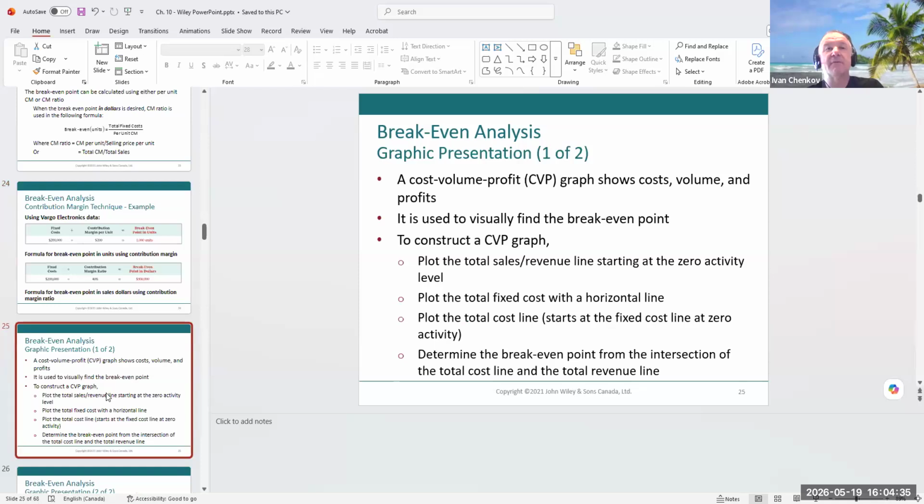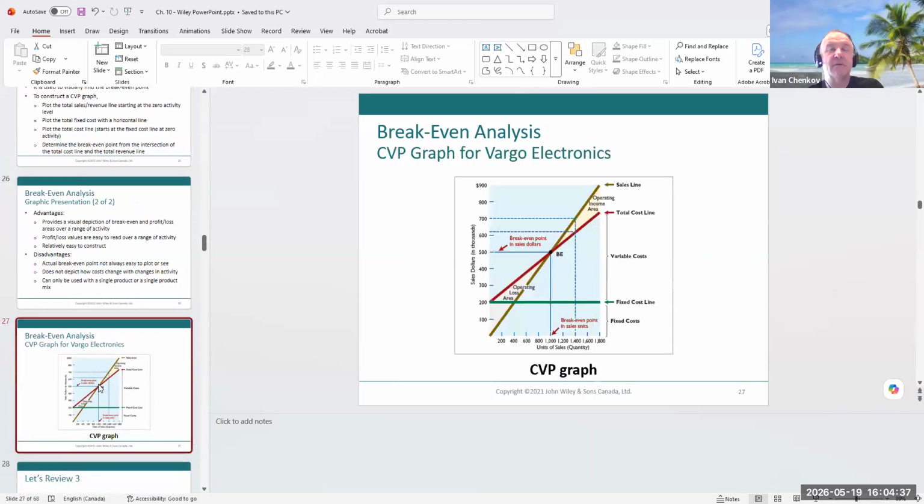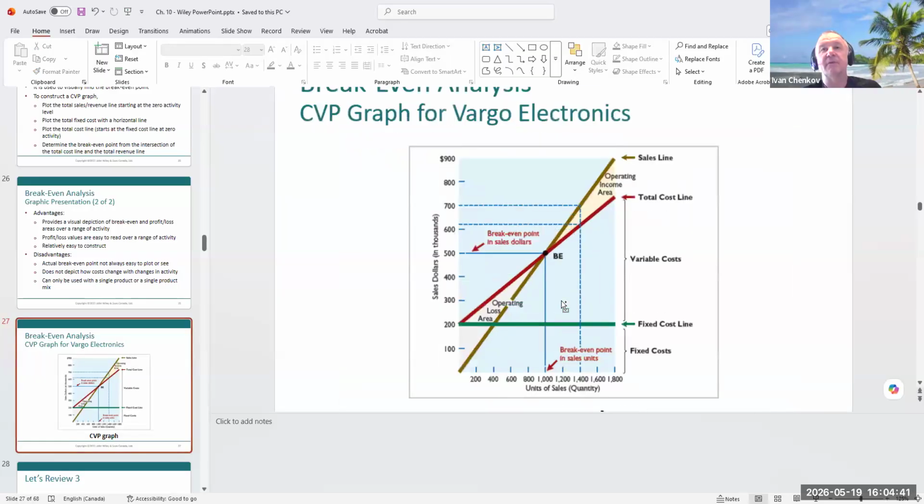Let's see what the graph looks like. This is the graph of the cost-volume-profit analysis. How can we read this one? The green one is the fixed cost. Fixed costs, as you already know, start at some point. Then once you start selling, the variable costs start coming.